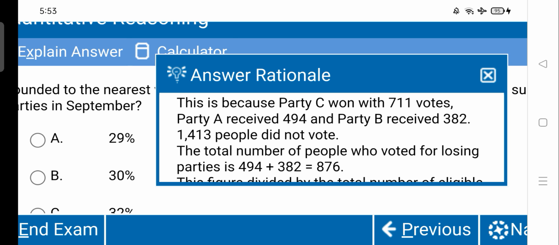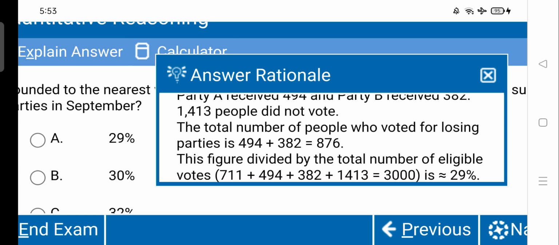The total number of people who voted for losing parties is 494 plus 382 equals 876.